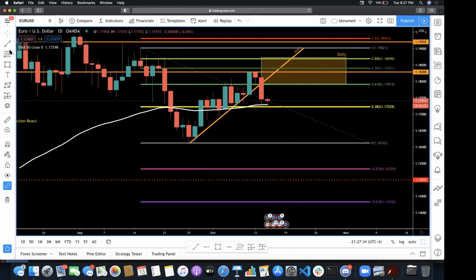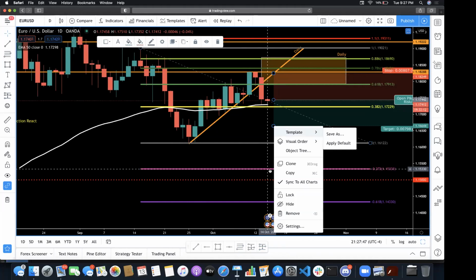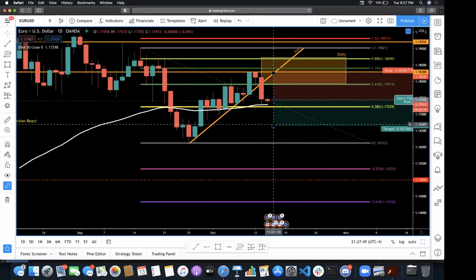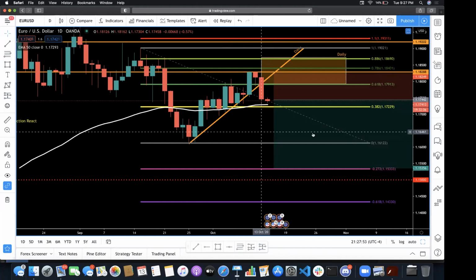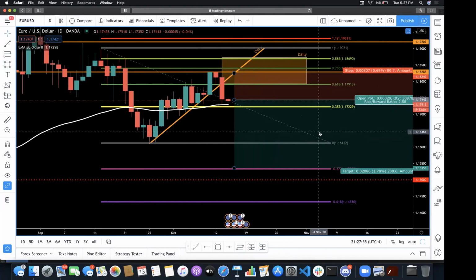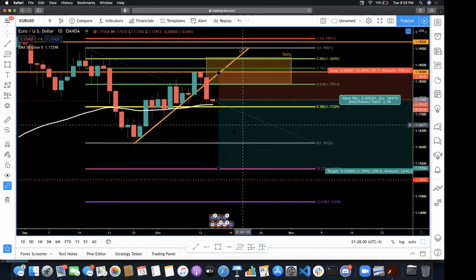I keep forgetting my toolbar's down here. So this is my risk to reward ratio for right now. It's 2.5 to 1, basically. I can modify this a little bit.